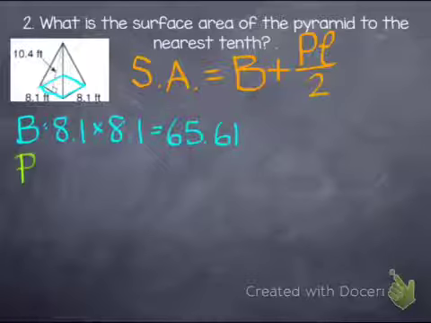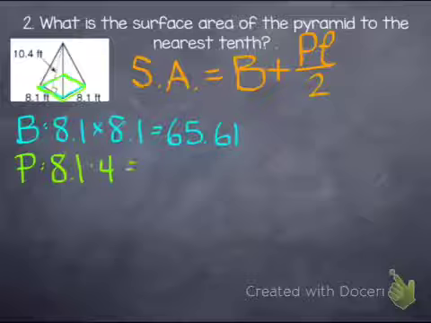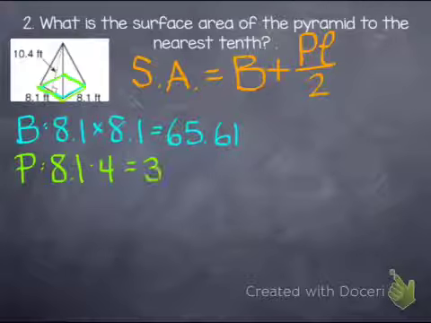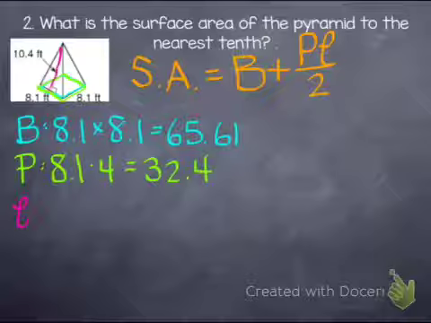Next I need to find my perimeter, and that is just the distance all the way around the outside, so 8.1 plus itself 4 times, so I'm just going to multiply by 4, and that gives us 32.4. And then our slant height is just going to be found on the side of the pyramid coming down, so it's 10.4. That's the easy one to find.